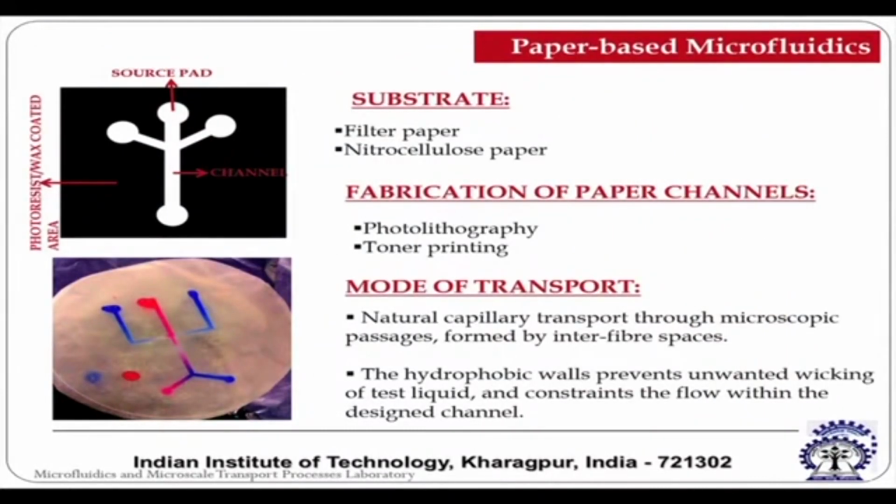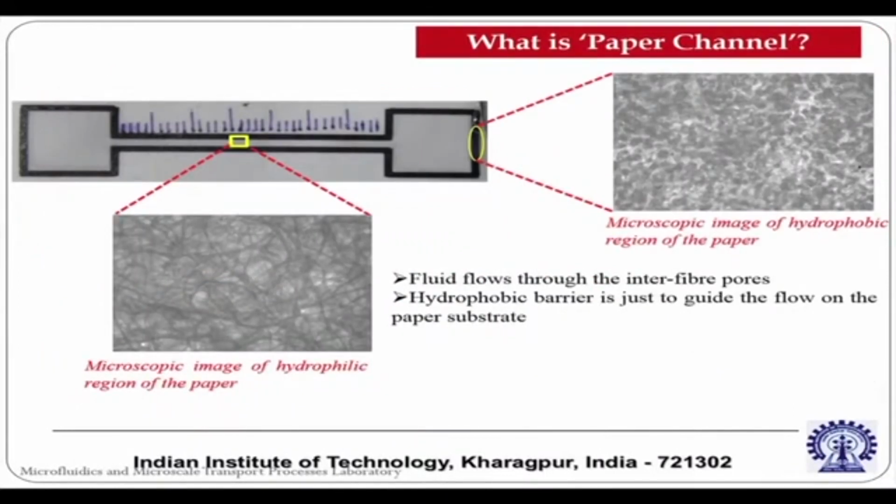We have also discussed paper based microfluidics. In paper based microfluidics we make paper channels, and this also we have discussed. I am going through this a little bit faster because I have already discussed most of these, but I want to relate this with the medical diagnostic scenario.